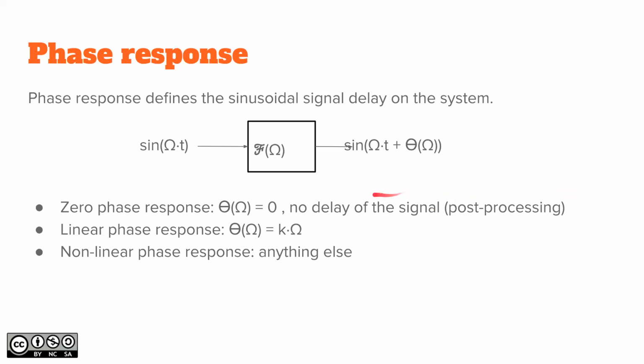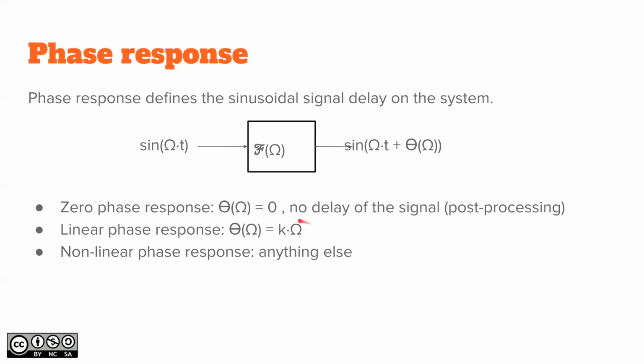In the analog world, it's quite hard to save the signal in analog means and process it twice. Well, actually, it can be done. Just run it backwards, filter it with the same. So zero phase response, no delay of the system, means some post-processing tools.